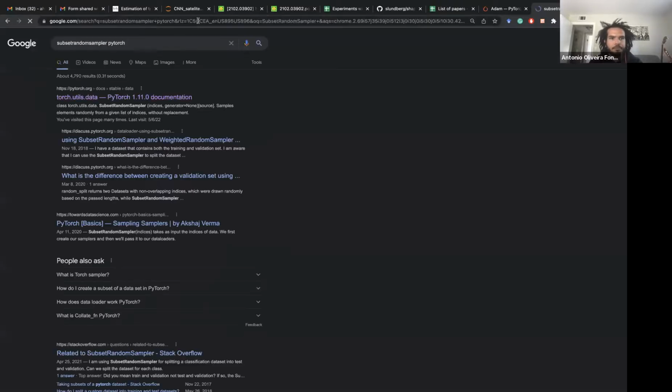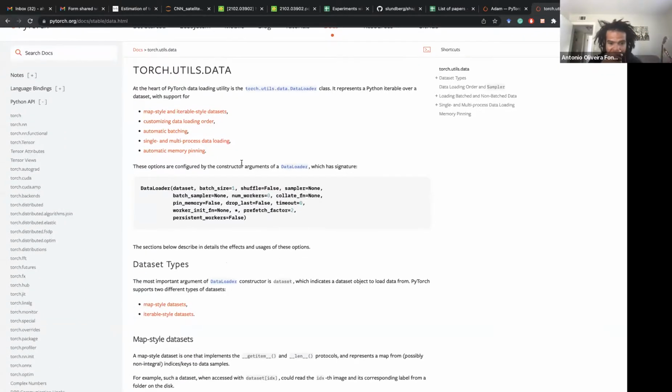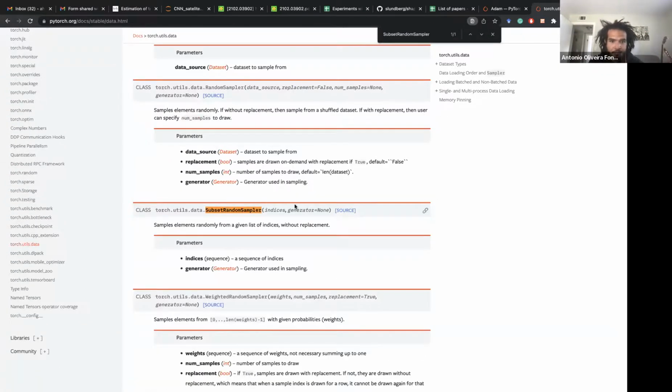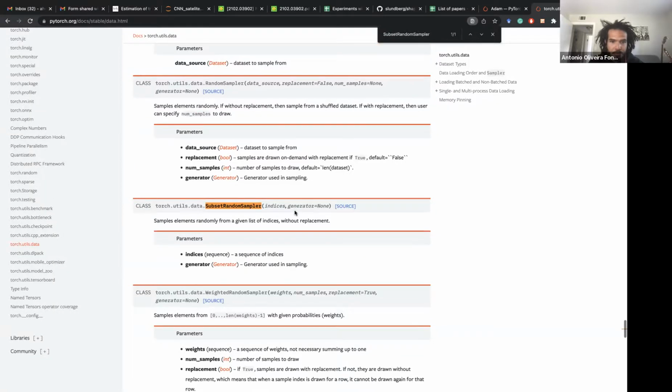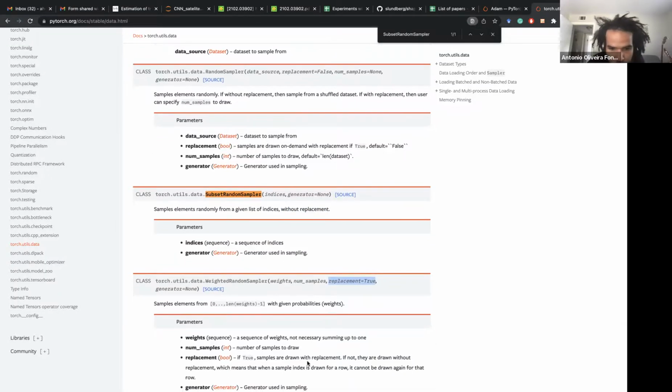PyTorch, let's say here. Generator. Yeah, it's the replacement. That's the thing I was looking for. Samples are drawn with replacement.